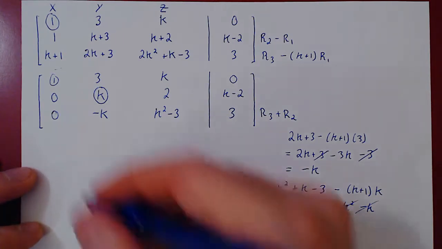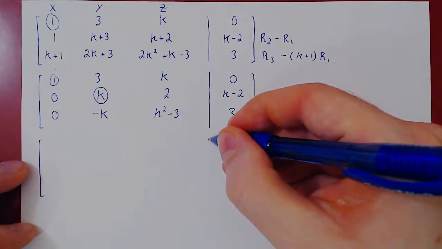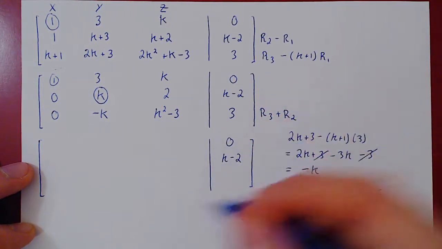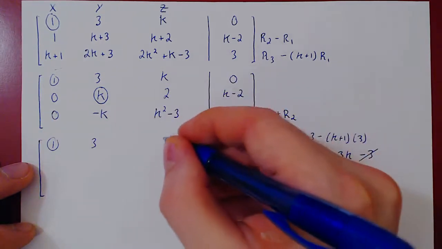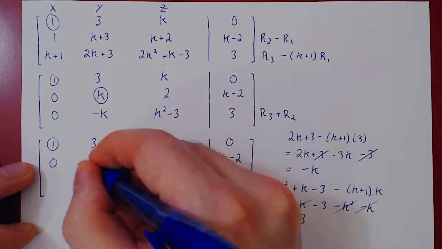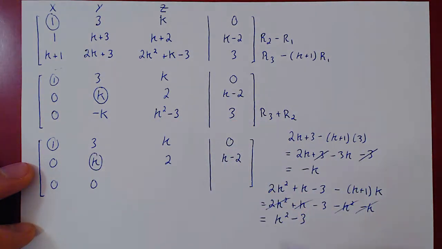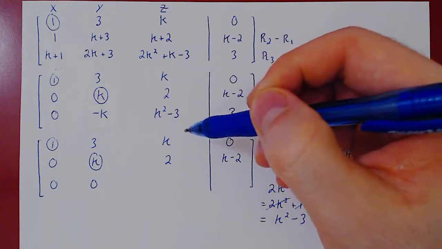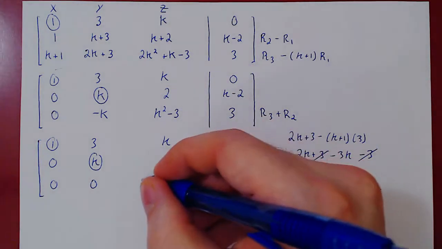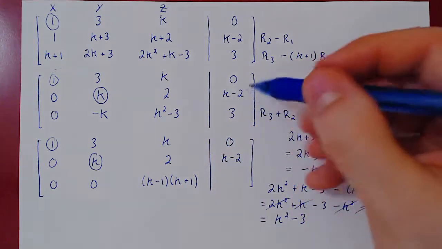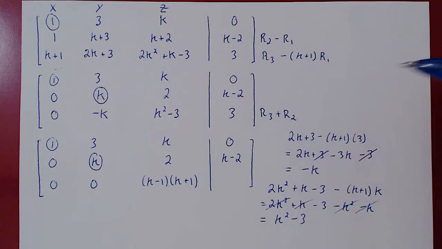So we can recopy the first two rows. k squared minus 3 plus 2, minus 3 plus 2 is minus 1, k squared minus 1, which does factor as k minus 1 times k plus 1, of course. 3 plus k minus 2, well, gives us k plus 1.